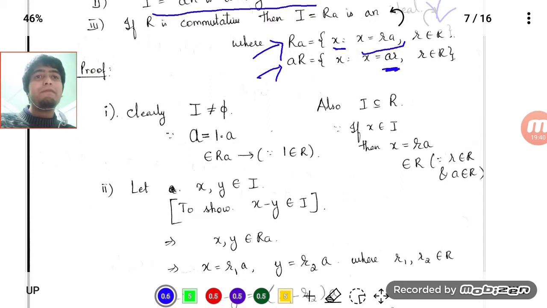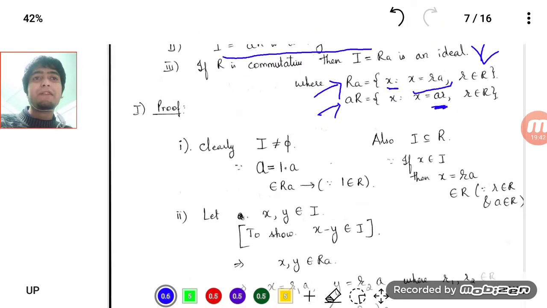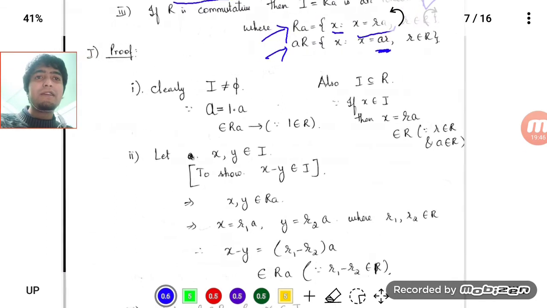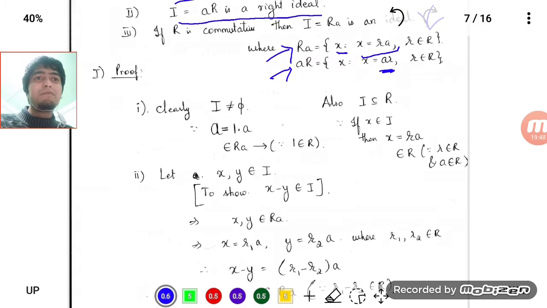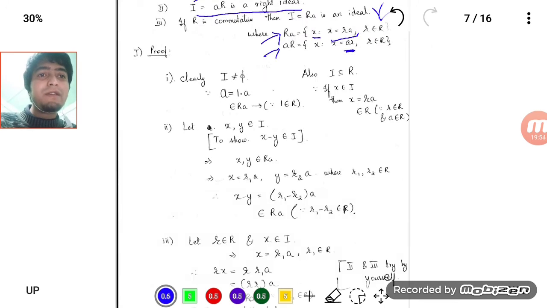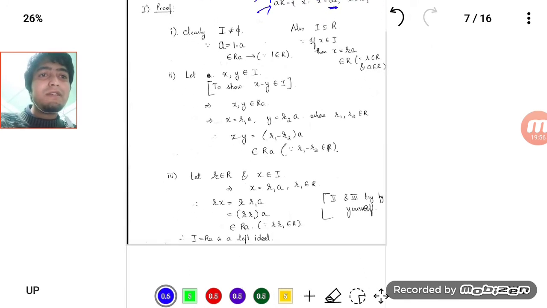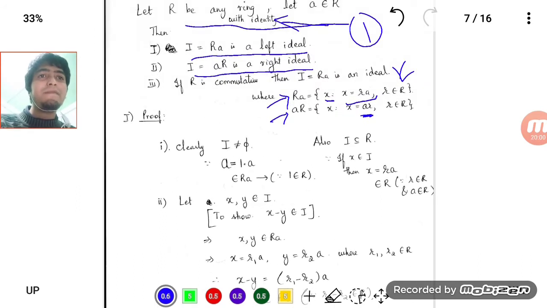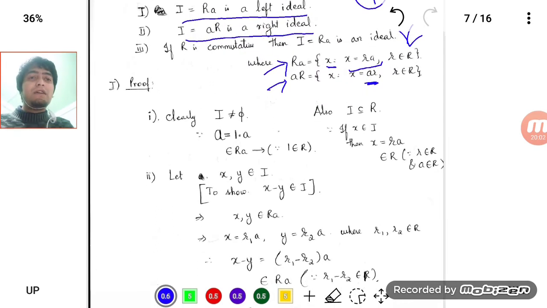Proof. I will be doing the proof of 1, the proofs of 2 and 3 will be your work. Remember, we have to show that I is an ideal. Over here I am doing it for RA, to show it is a left ideal. So let's see, clearly it is non-empty.